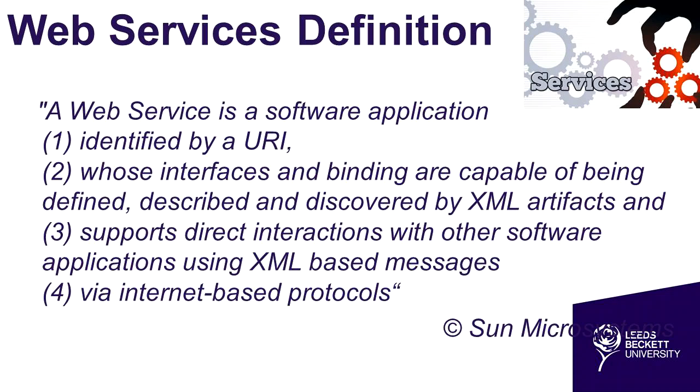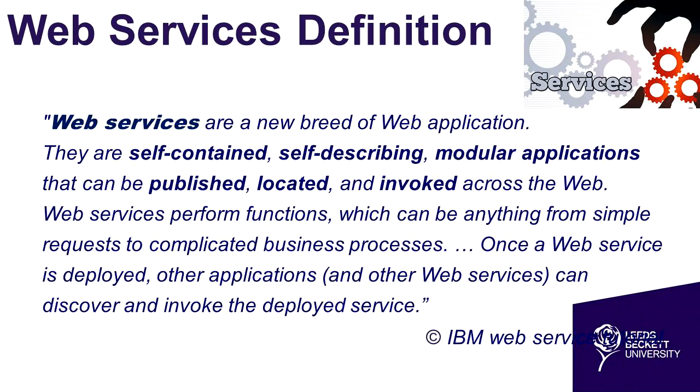So that's what the slide summarizes. It gives you the properties of web services, or the definition of web services. Instead of me reading off the slide, please note the keywords, the words highlighted in bold.